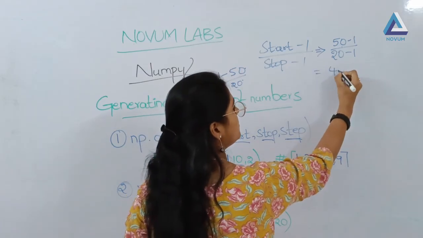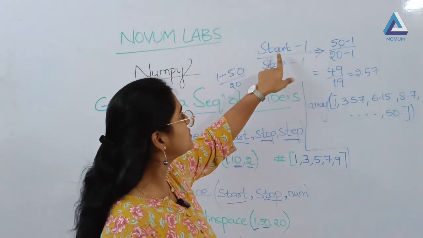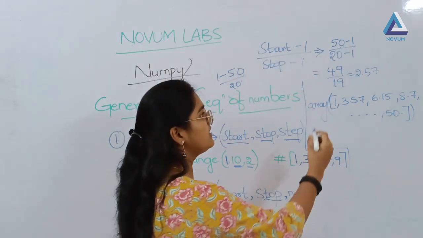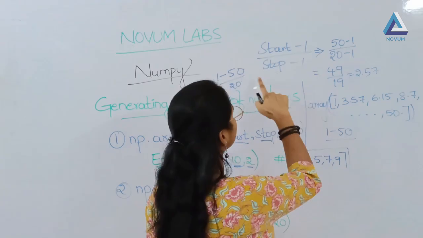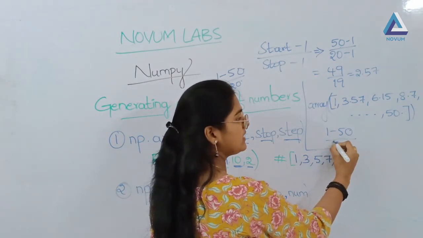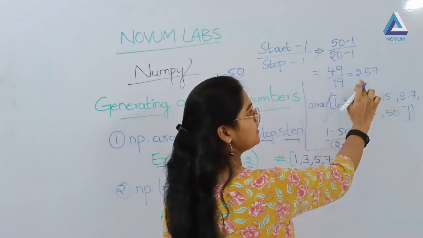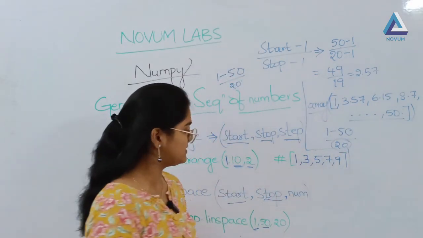This gives the values in between. So between 1 and 50 we get 20 values, with a difference of 2.57, and the output array will be like this.